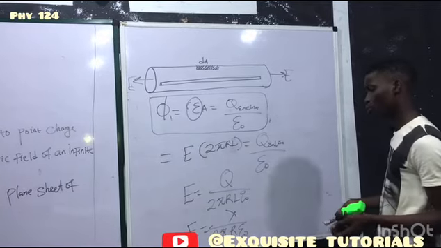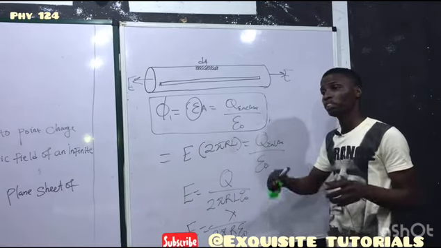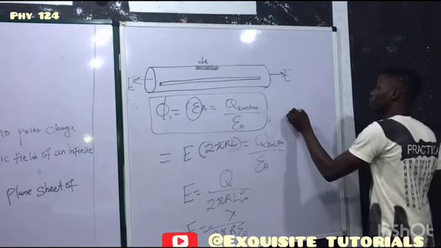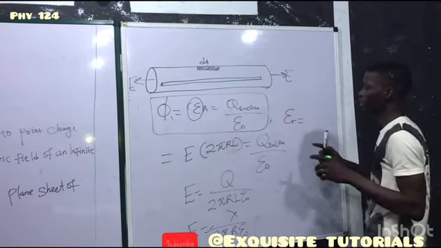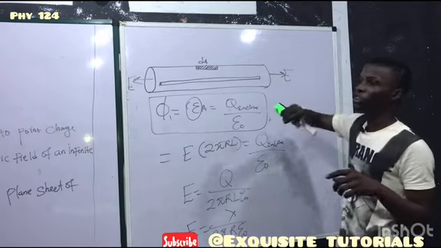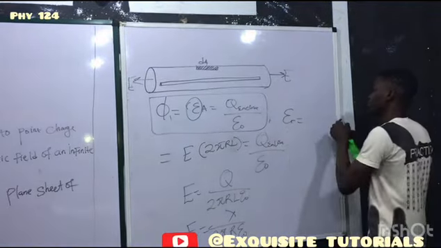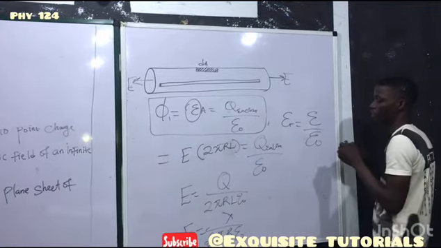But I can also do something. Since we are seeing the permittivity of free space, assuming we're given the permittivity of a medium or any other substance, we can use our relative permittivity. Our relative permittivity relates the permittivity of free space and any medium together. So I can say our relative permittivity is equal to the permittivity of any material or medium divided by the permittivity of free space.